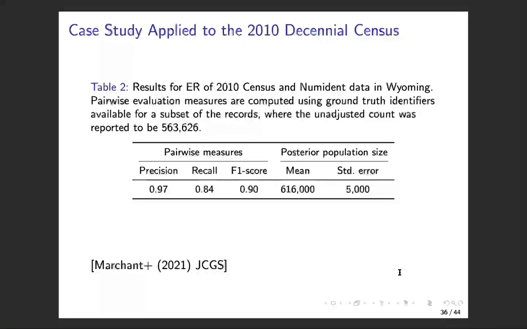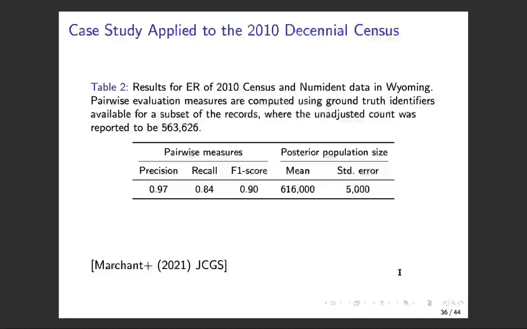These are results for a case study that we did on the 2010 decennial census, where we merged it with numident data, which is based upon Social Security data, in the state of Wyoming. In total, the entire data of merging the census data with the numident was a little over 1 million records.